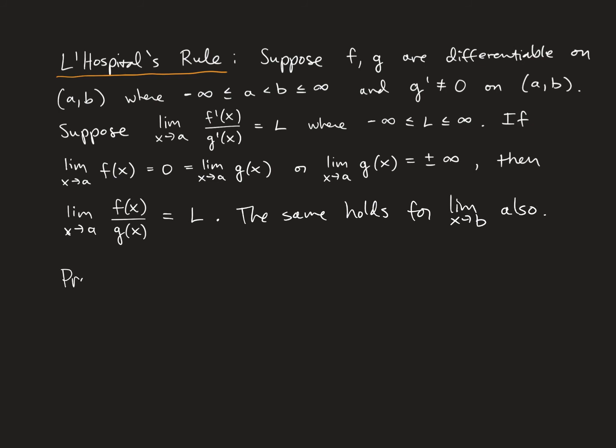Okay, so now let's look at the proof. So our first case is going to be where the limit as x goes to a of f of x equals 0, which equals the limit as x goes to a of g of x.